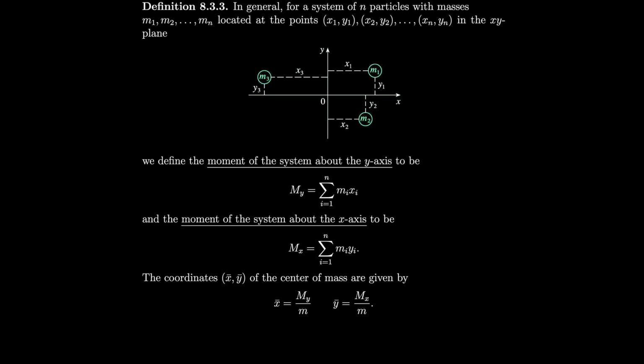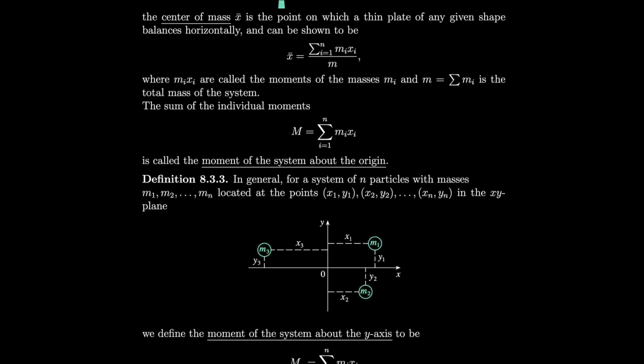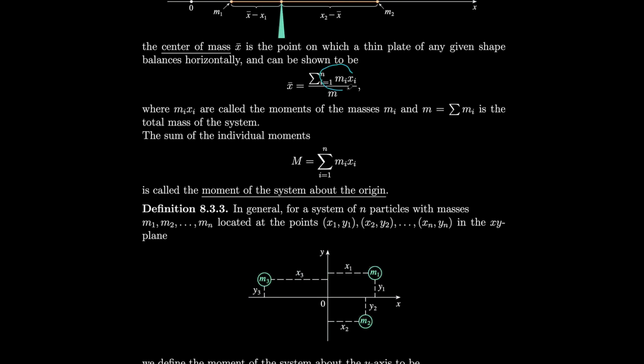So in order to find the center of mass, you need the coordinates x bar, y bar. As before, you take the sum of all of the masses times their distance from the center, and you divide by your total mass.